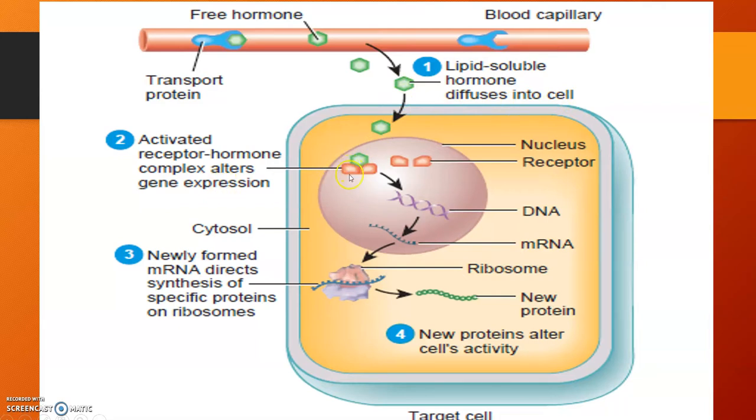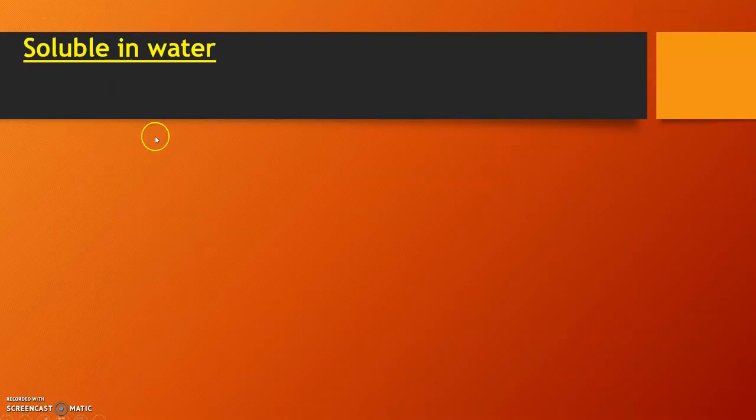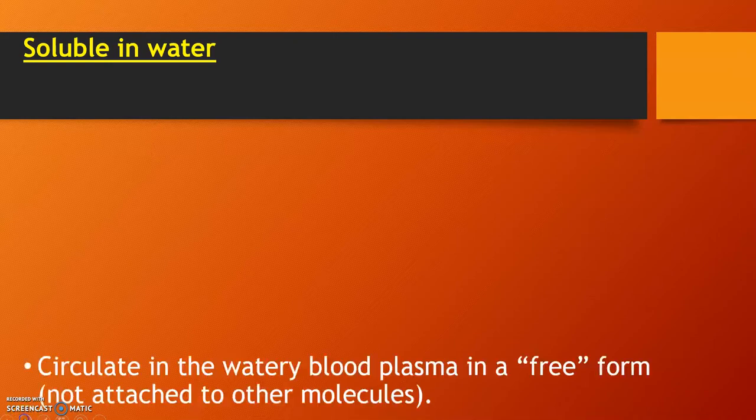Once it binds to its receptor, the activated receptor-hormone complex alters gene expression. A new mRNA is formed. This mRNA synthesizes specific proteins on the ribosomes, and a new protein molecule is formed which helps in performing various activities in the cell. Let us move next to the water-soluble hormones.